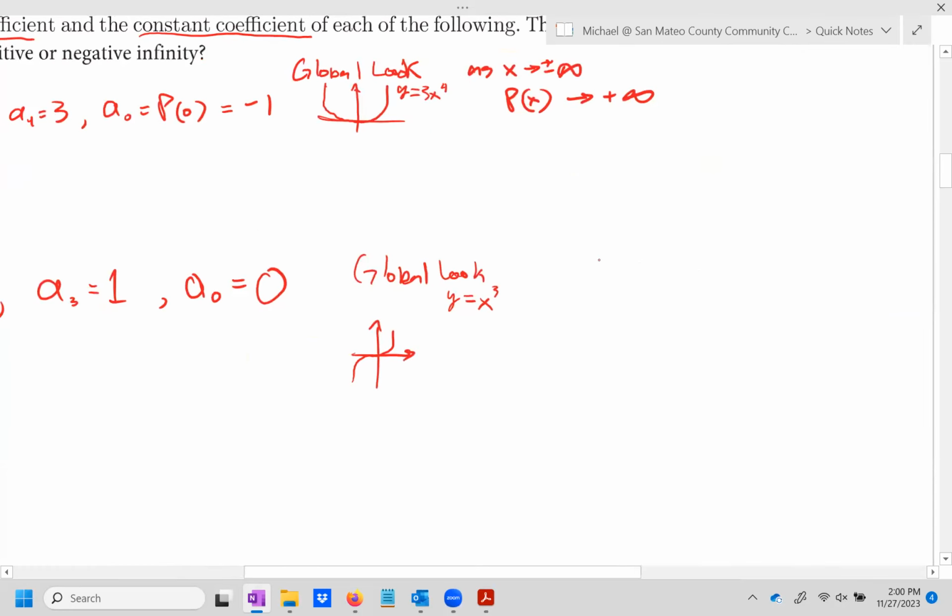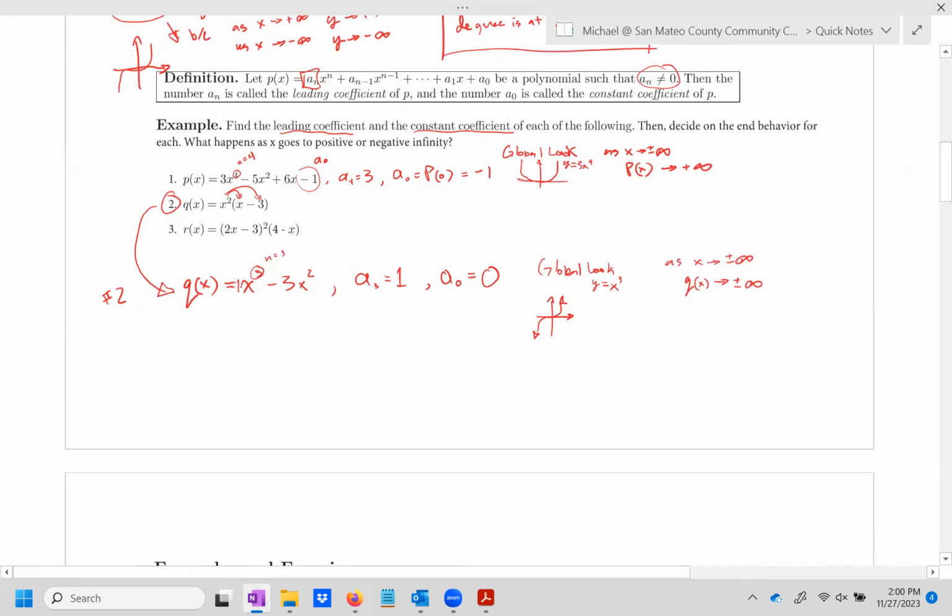Yes, exactly. As x goes to plus or minus infinity, q of x goes to plus or minus infinity, we can say. And what we mean is it goes to plus infinity on one side, minus infinity on the other. Okay, hopefully that's not too confusing and you understand what I mean.